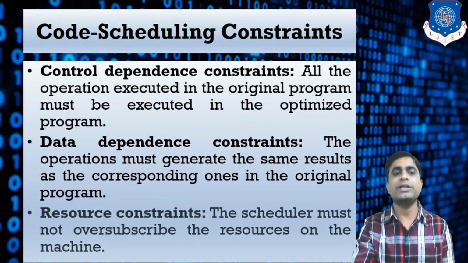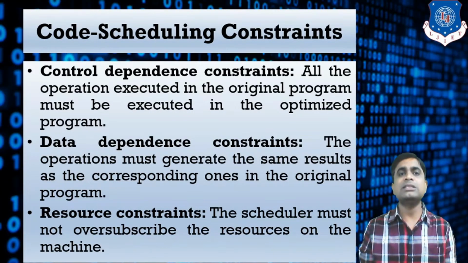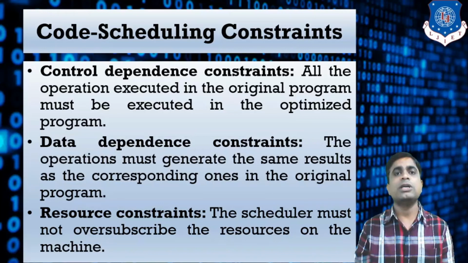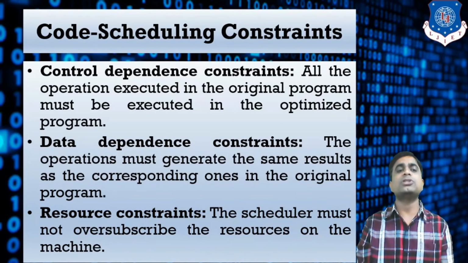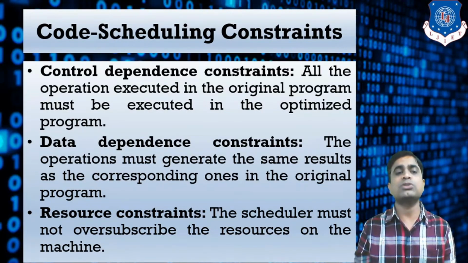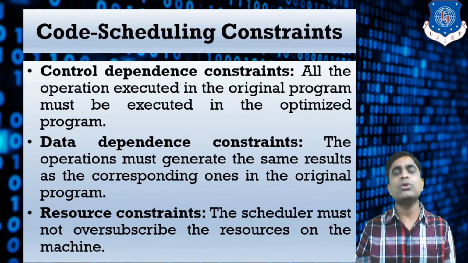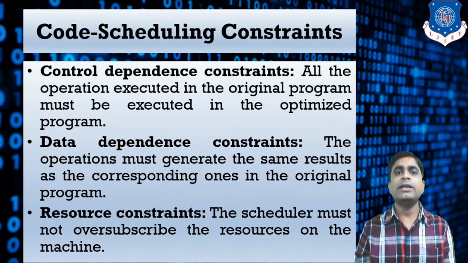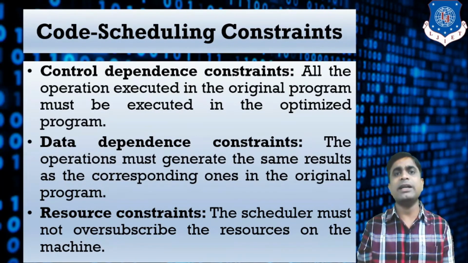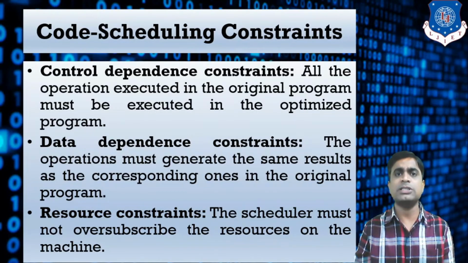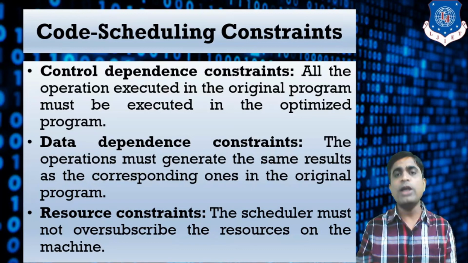And the last constraint is the resource constraint. We all know there is some delay in a program because of input and output resources. The resource constraint says the scheduler must not oversubscribe the resources on the machine, right? Oversubscribe means what? If there is only a single printer in our laboratory, and multiple devices want a printout from the single machine, the scheduler should avoid that.